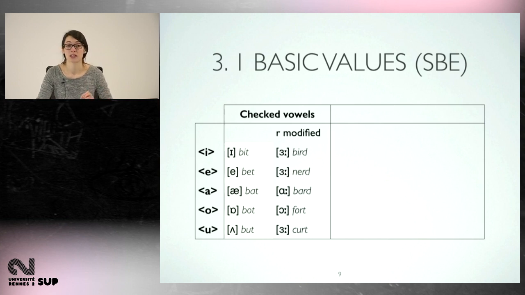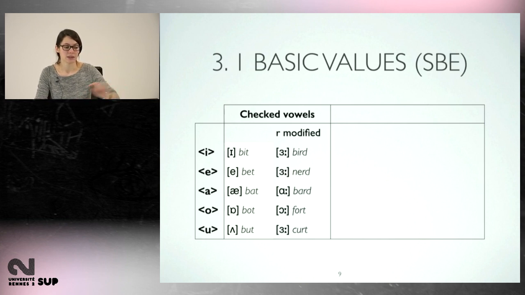For O, it's the vowel in fought. And finally, for U, the value is the vowel in curd. It's the same as for I and E. So you can see that out of 5 R modified values, you actually have 3 distinct vowels.